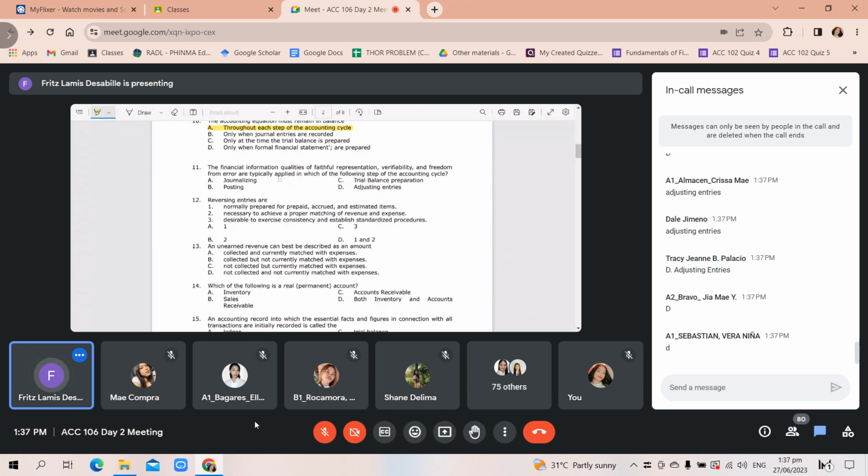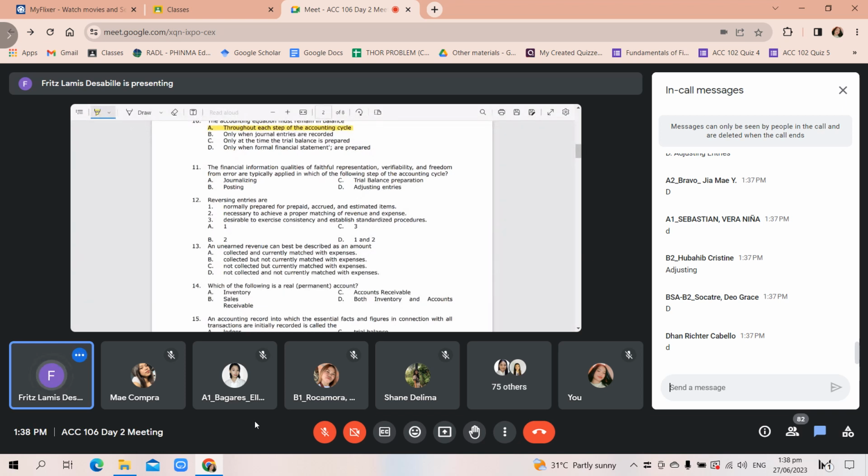Okay, gets. Okay. Sige. Di ba? Kaning number 11, so these are the mga qualitative characteristics of financial information.